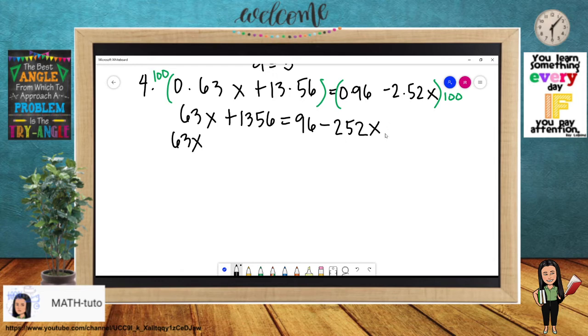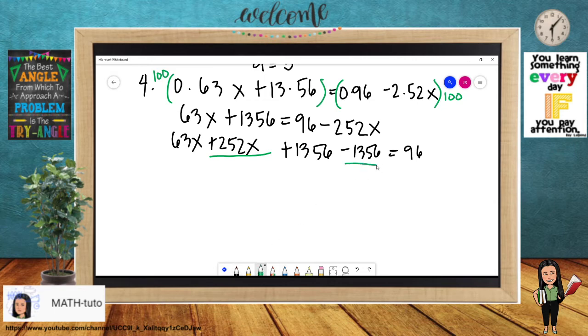63x. Ito ay kailangan mapalipat dito. So, we can do that by adding 252x to both sides of the equation. Yan. Ina-underline ko lang. Para alam nyo na yun yung nadagdag. So, this is 1,356 minus 1,356 equal to 96.